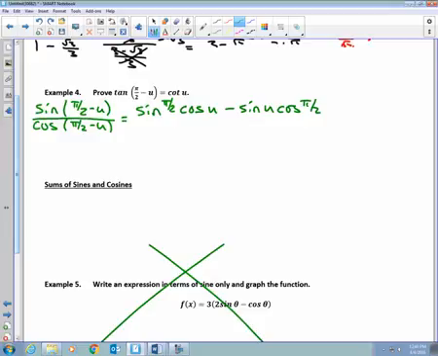Again, you get that formula sheet on the test, but you have to be able to access it and remember it. Divided by cosine of that. Well, cosine, it's cosine right away. Instead of a minus, it turns to plus. And then the sines.